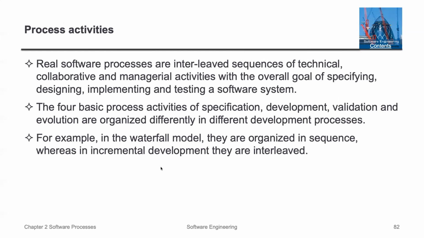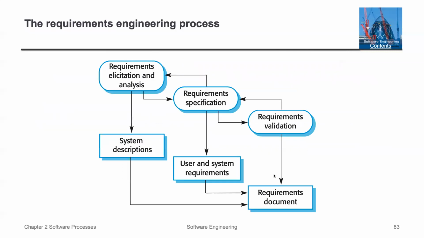The 4 basic process activities of specification, development, validation, and evolution are organized differently in different developmental processes. For example, in the waterfall model, they are organized in sequence, whereas in the incremental development, they are interleaved.